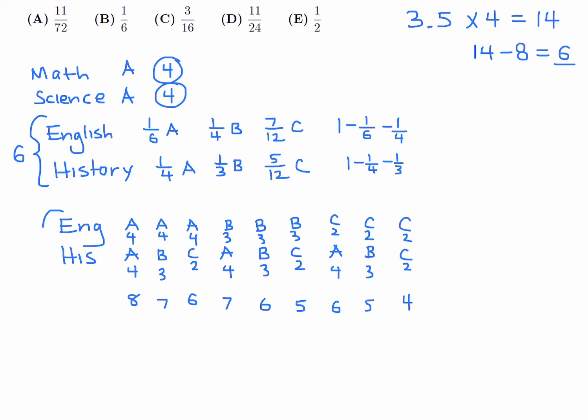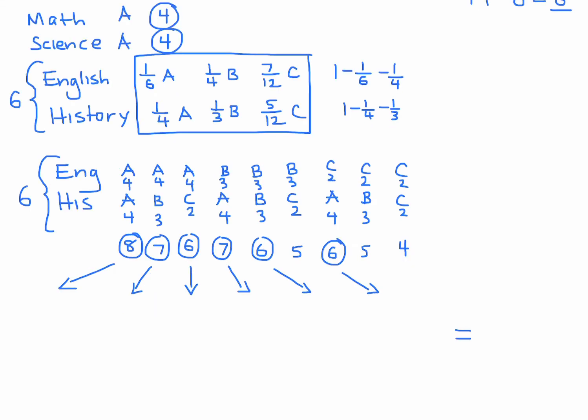So she's got to get at least 6 points in English and history. So she's got to get this scenario, this, and this. The other ones are too low. So let's calculate the probabilities. The first one, an A and A is going to be 1/6 times 1/4. And then the next one, an A and a B will be 1/6 times 1/3.